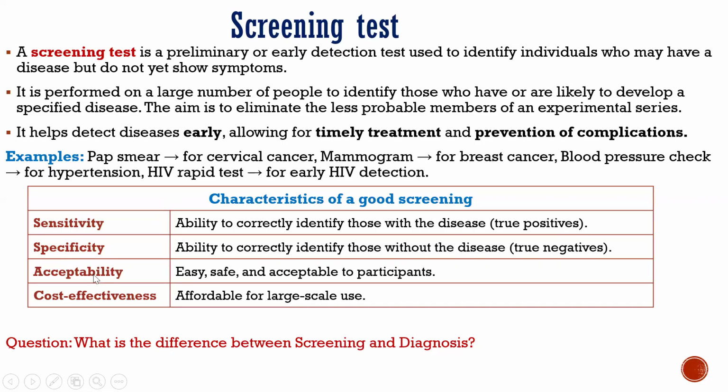Another one is acceptability. It should be easy, it should be safe, and also acceptable to participants, or the population that it is going to be used on. It also should be cost effective because most screening tests are done on a very large population.